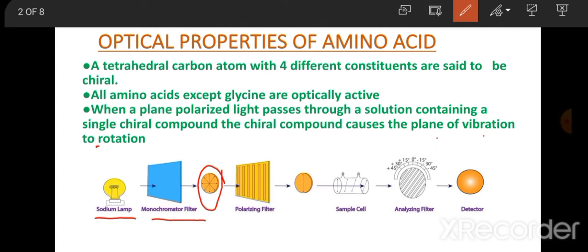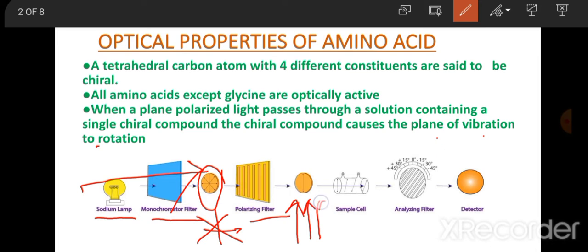This sodium lamp light is unpolarized light. When this unpolarized light passes through a polarizing filter, it has the same direction: polarized light.